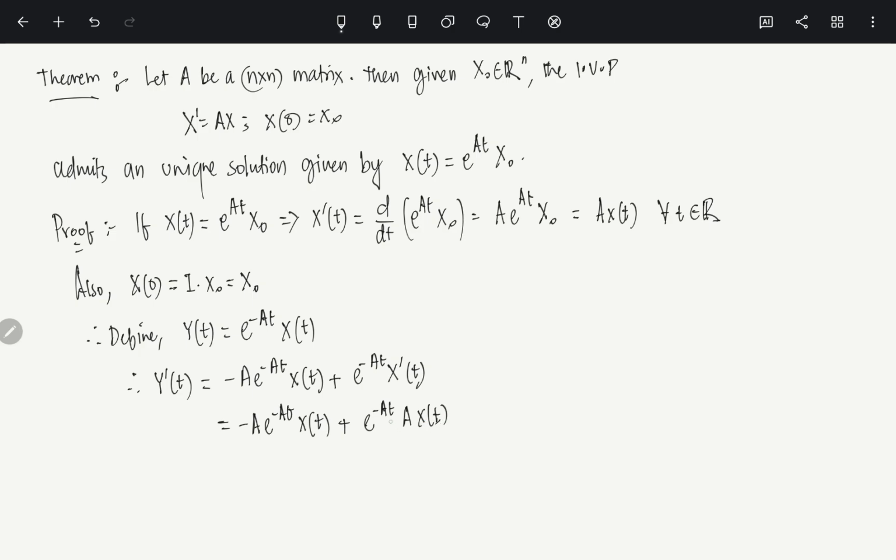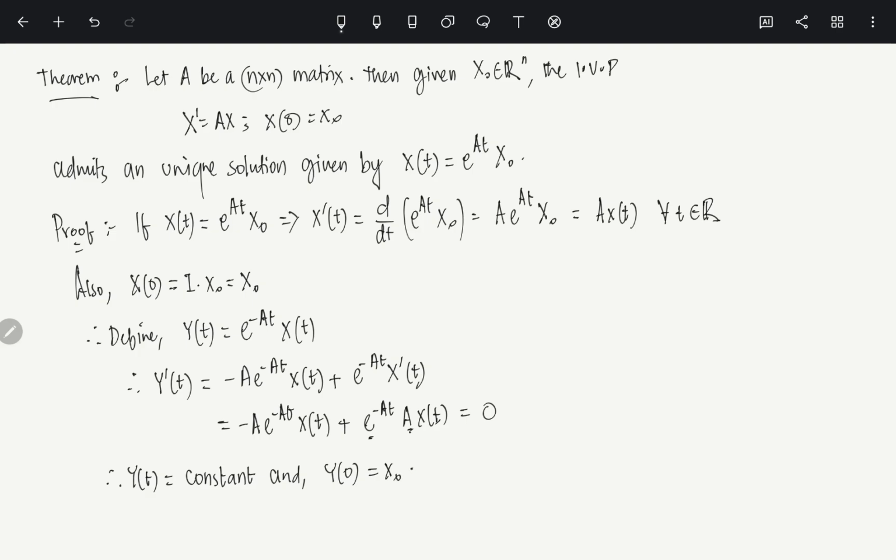Now A and e^(-At) commute, so these two cancel and this is essentially 0, right? That will imply y of t is nothing but constant. Okay, y(t) is constant, and what is y at the point 0? This is nothing but x of 0, which is x naught.